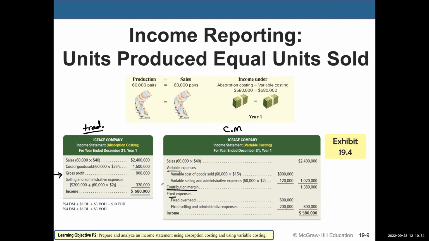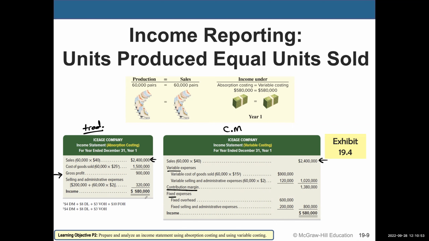Another thing to note is in all of our income statements for years 1, 2, and 3, our sales are always the same. What we're doing is we're costing our inventory differently, and that has nothing to do with revenue. So in all cases, revenue will be the same.